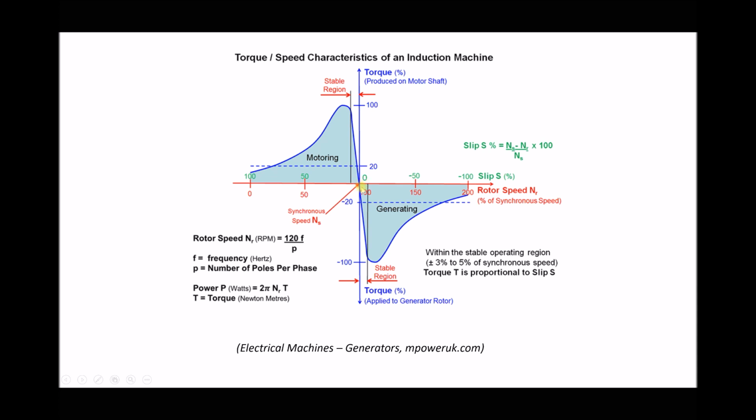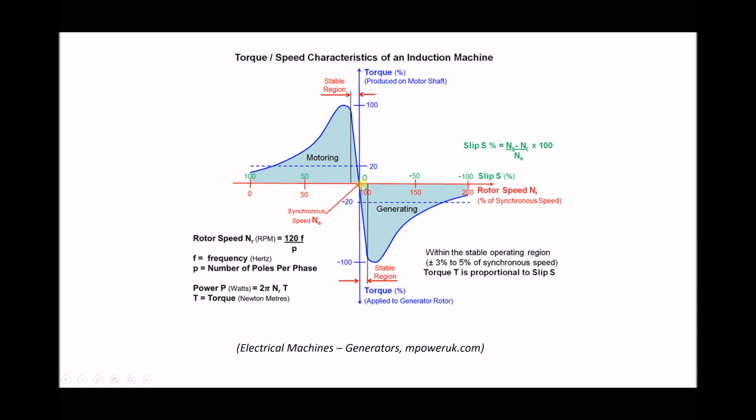So this synchronous speed here can be calculated using the formula at the bottom, 120 times the frequency divided by the number of poles. Now just for information, if we had a 4-pole generator connected to the grid at 50 Hz, then this synchronous speed would be 1500 RPM. So I want you to imagine for the moment that this speed here is 1500 RPM.